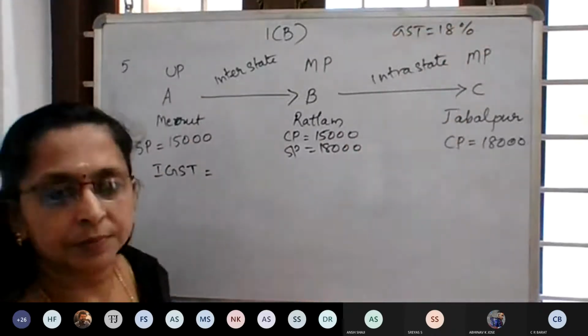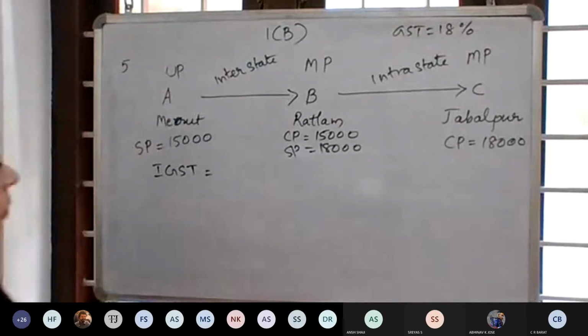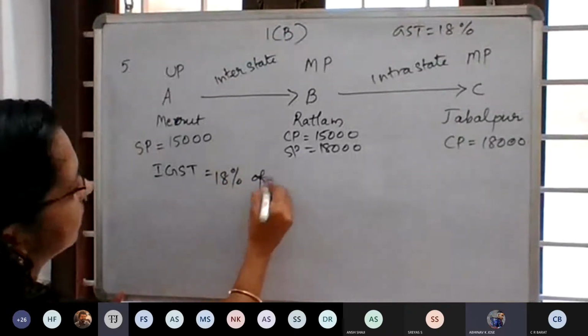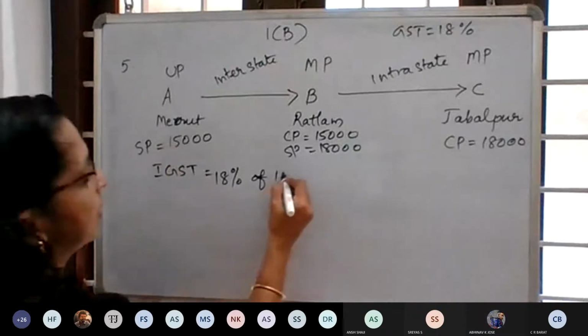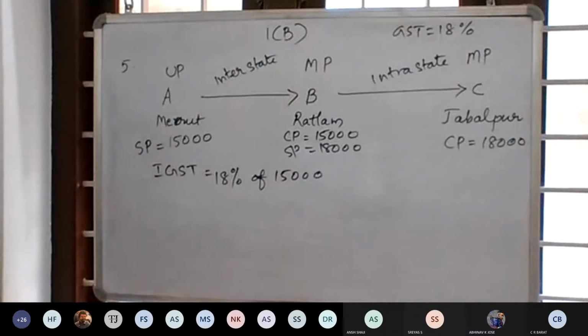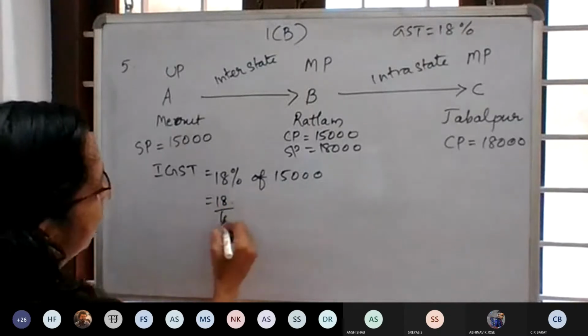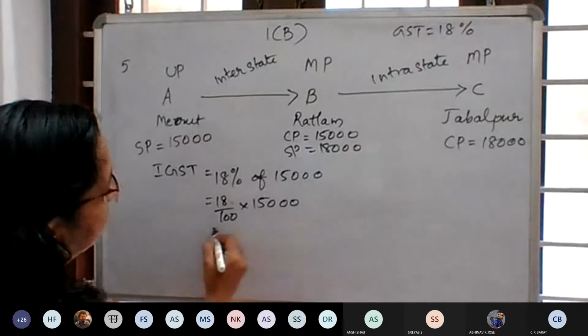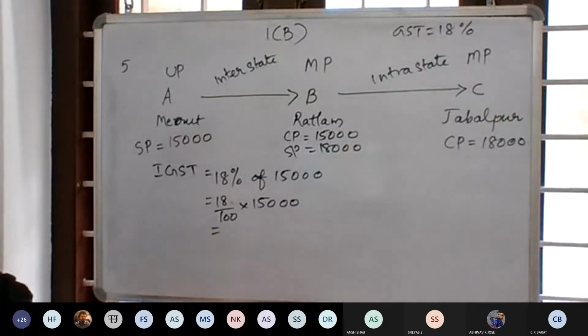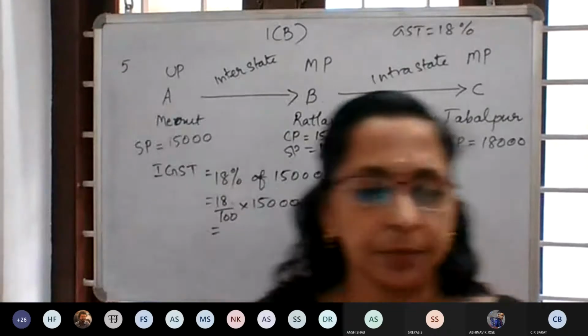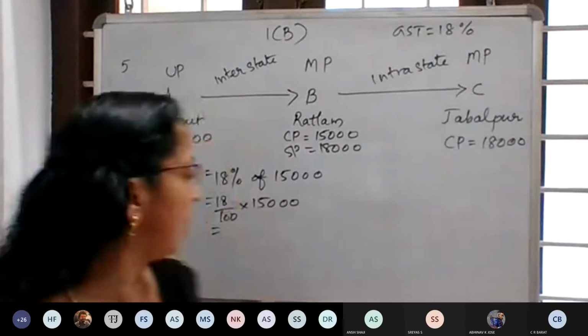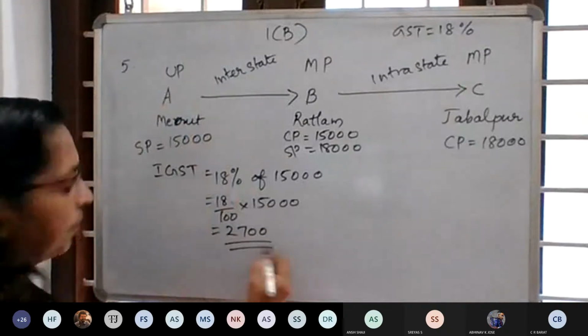So 18% of 15,000. Calculate 18 by 100 into 15,000, the answer is 2,700.